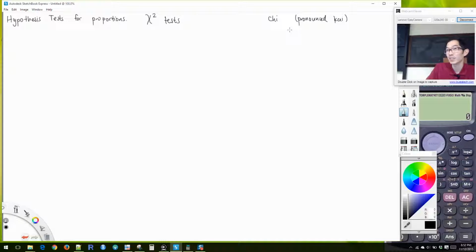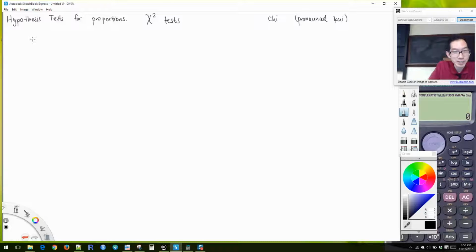Homonyms, yes, chi and chi and whatever else, present and present. I talked to somebody and he kept saying, I want to give you a present. And I had no idea what he was talking about. I was like, what? But it's just because he was pronouncing it wrong, and it's not his fault, it's our language, right?